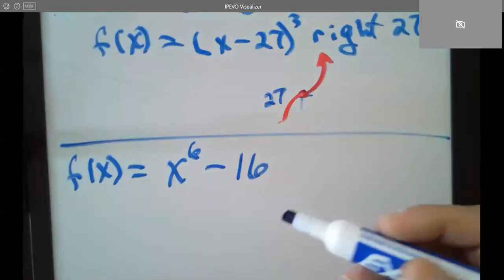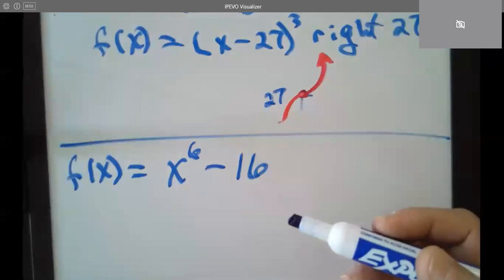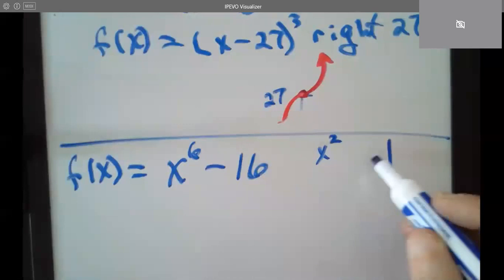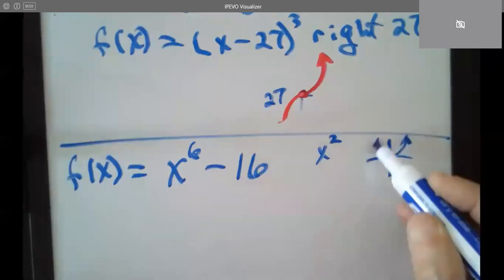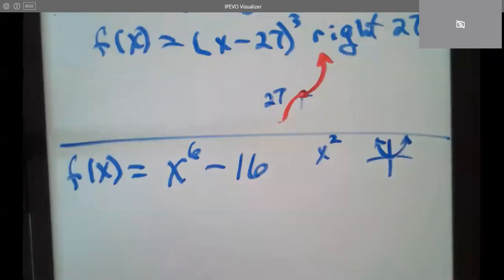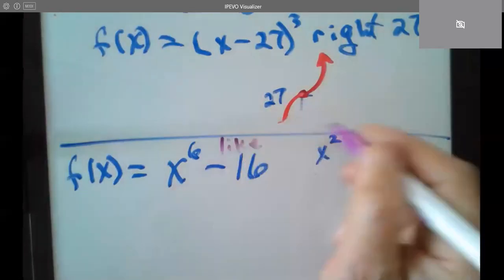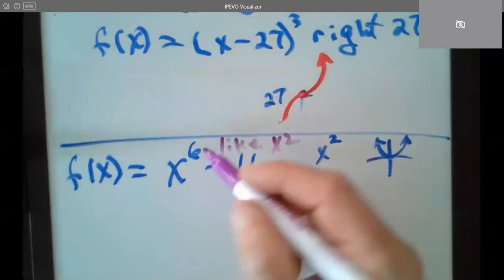Well, which one is even? X squared or x cubed? Yeah, x squared. So it's going to behave like x squared. So we start with the parent graph of x squared, because it's even, okay?